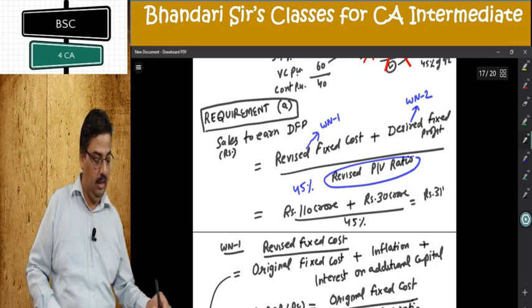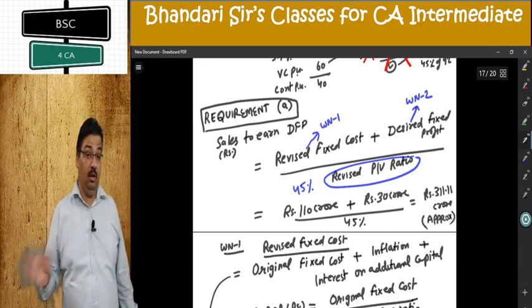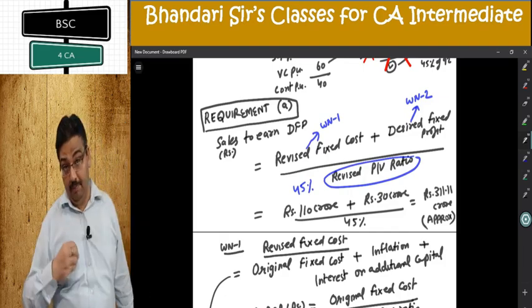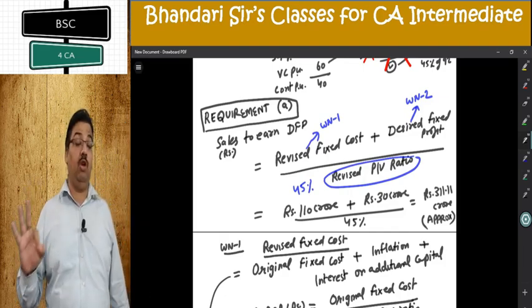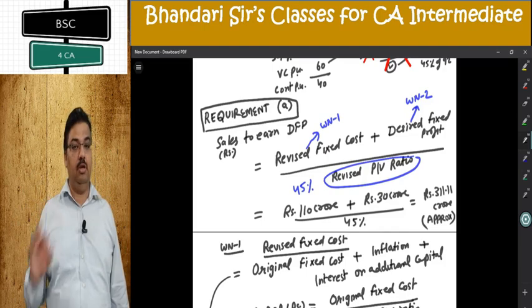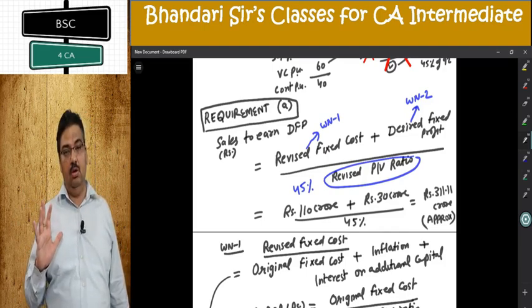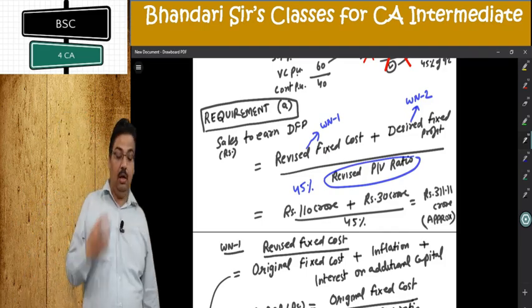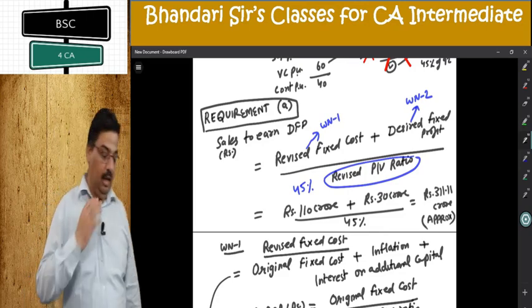Once you calculate, it is 311.11 crore approximately. It is not difficult, very simple if you go step by step. Key thing is 45%. That is where students make errors. Obviously, do it step by step, you will understand it better. This is requirement A.